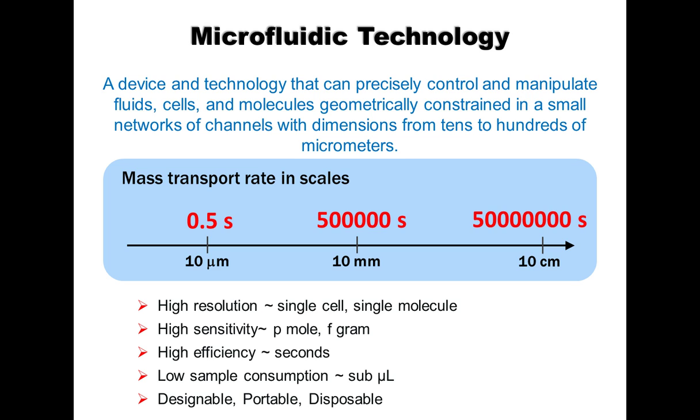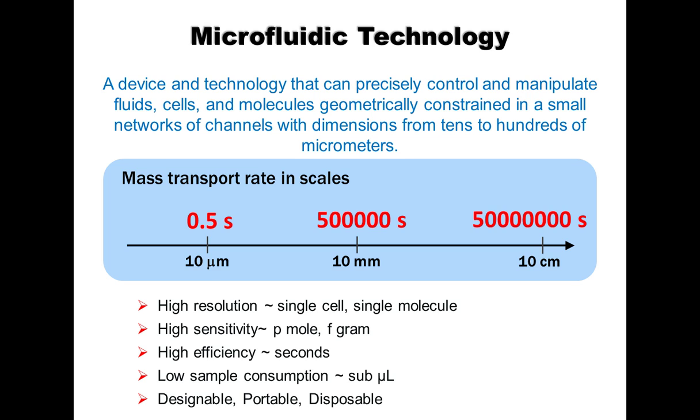Usually at the 10 micron scale, for a cell or molecule to transport through, it only takes 0.5 seconds. So it's super fast. That's the real situation in the biological system. In our body, the cells and blood vessels are in the micro scale, so biological reactions and events can happen so quickly.